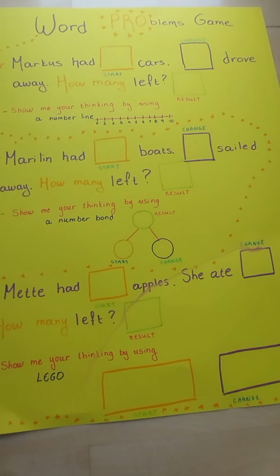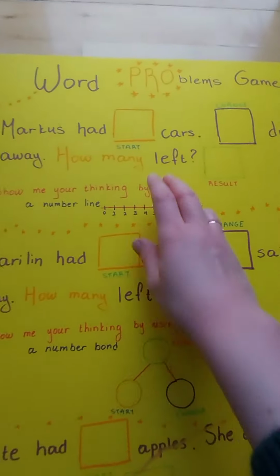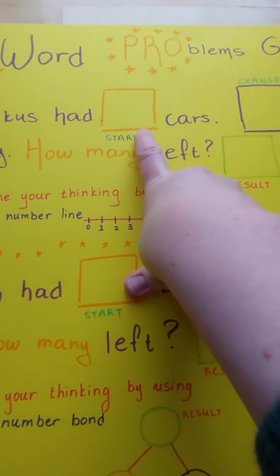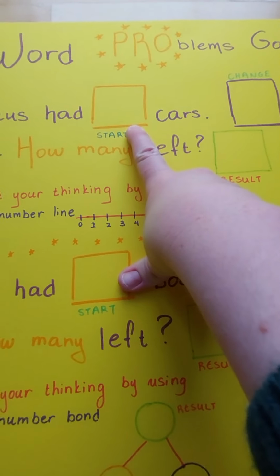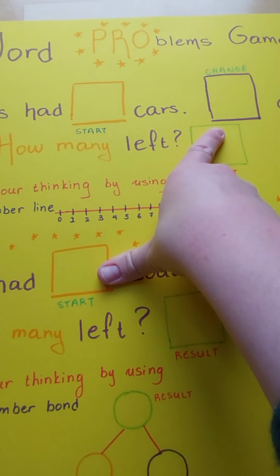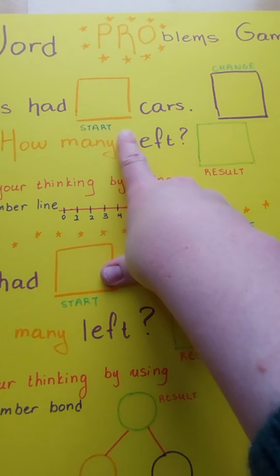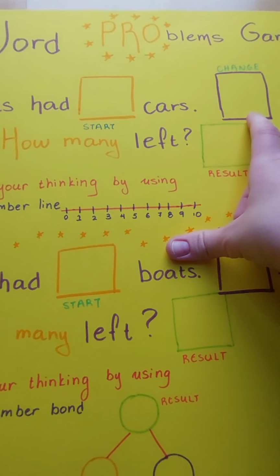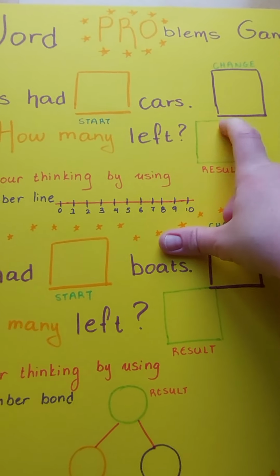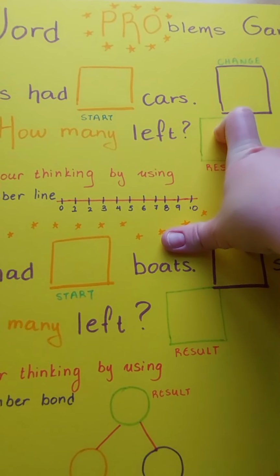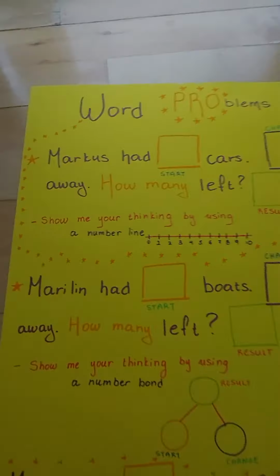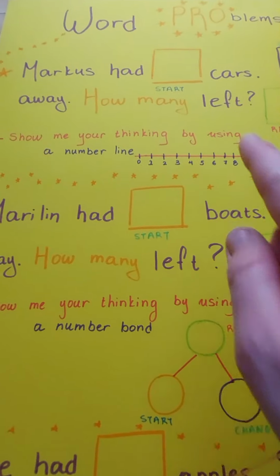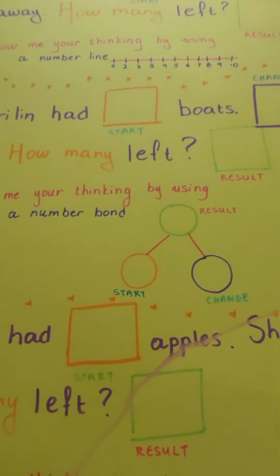So it's a clue, and the students should be familiar by now with this strategy and how we work. First we have the start. Here they know that the biggest number goes. Then we have the change. Something is happening to this number, and then it leads to the result. In each problem, they also have to use a different strategy, a different model, to show us their thinking.